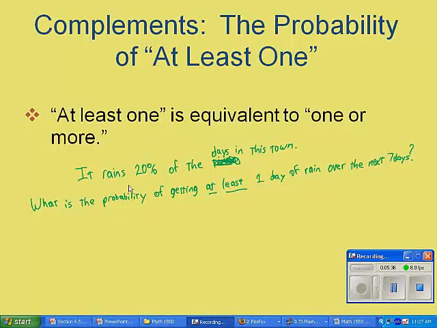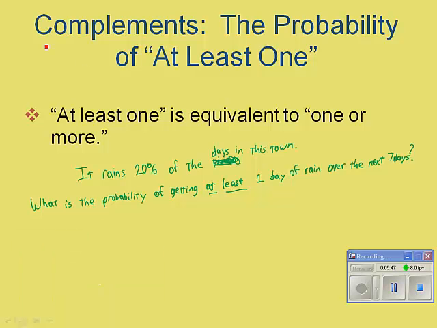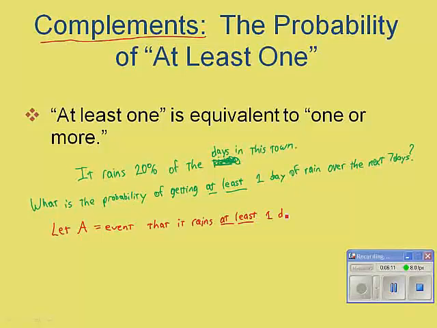Now, what is the probability of getting at least one day of rain? Well, this is the point of this chapter. We are studying complements. So my question is, if I let A be the event that it rains at least one day, what is A bar?